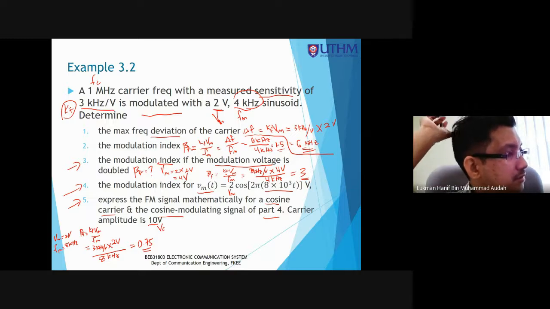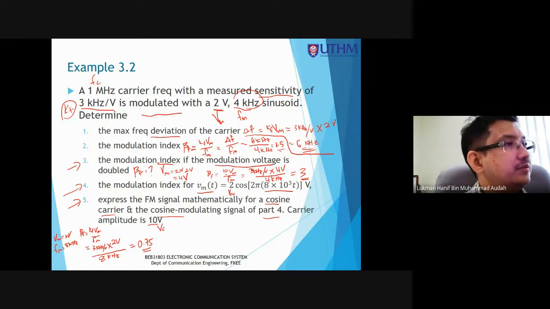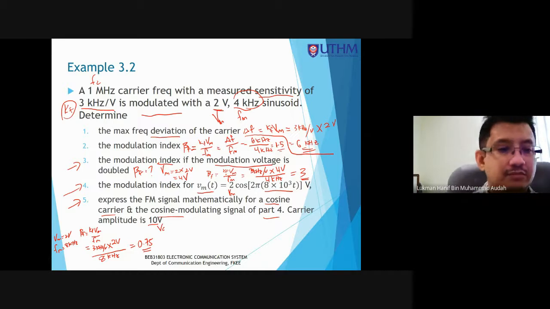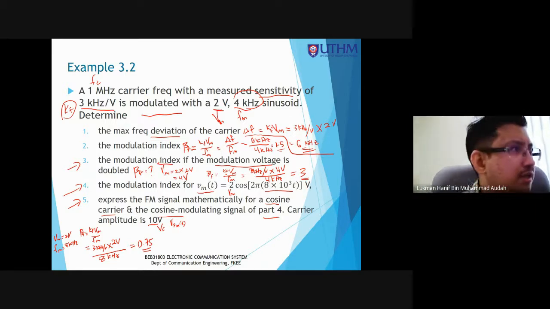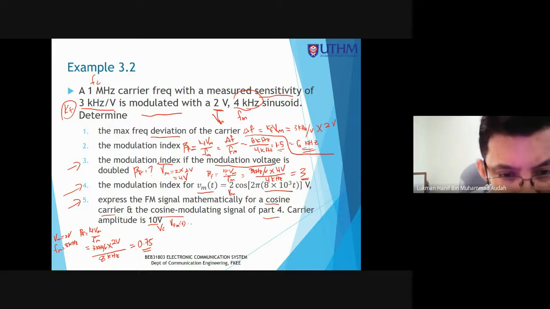Okay. So you are given these parameters. So you want to determine VFMT. Okay, mungkin saya nak kena guna lain ya. Tulis kat sini je lah. Okay, ini kalau tak nampak tolong beritahu.